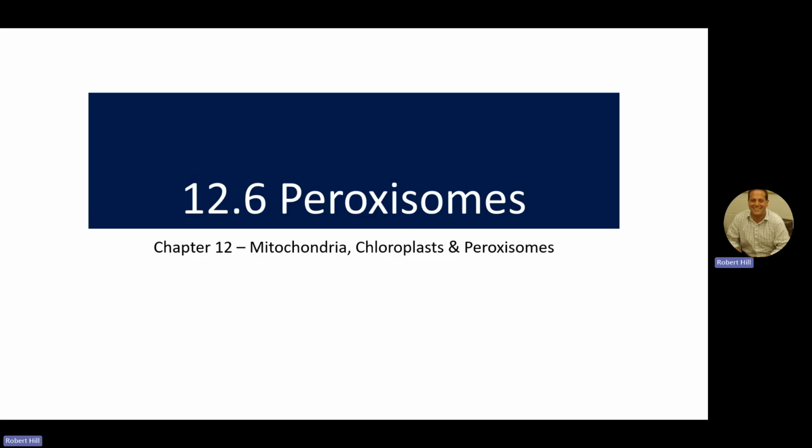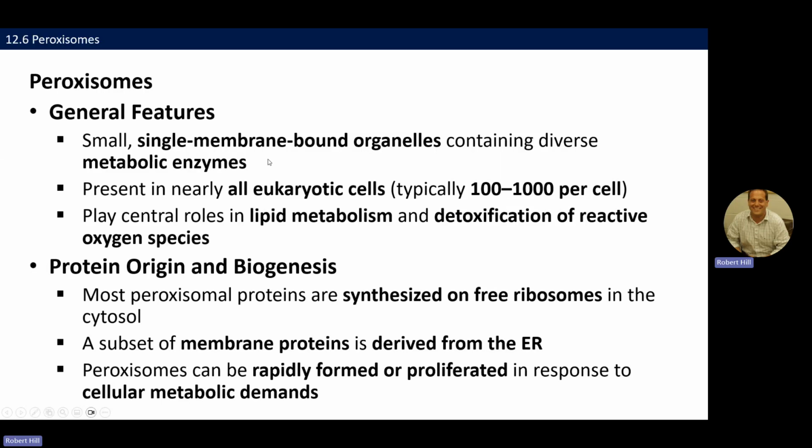So if you just drank a bottle of Jack Daniels, your peroxisome count in your liver is going to shoot way up, right? To detoxify the environment of the cells. And primarily its role in the cell is regulation of catabolism and also detoxification.